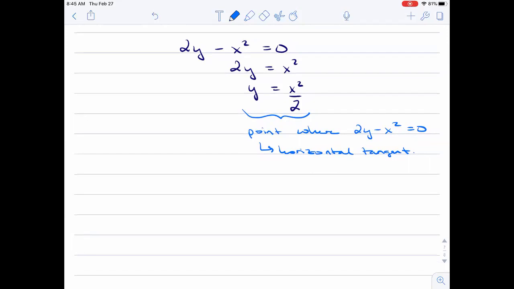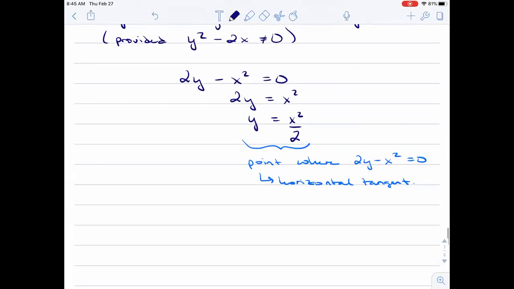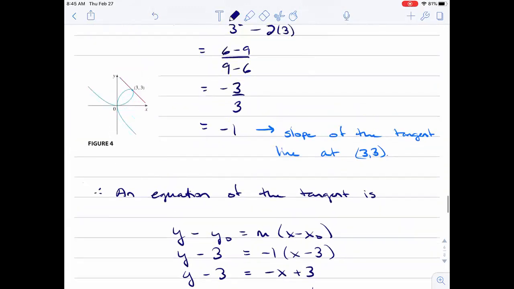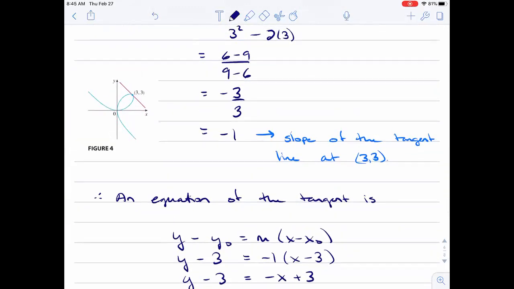And so now if we think about this point, it has to be in this original equation, because it has to be on this little loop-de-loop in the first quadrant.